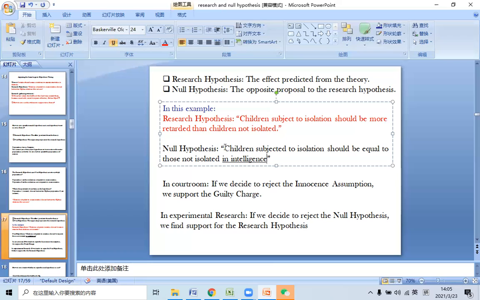You are trying to reject the null hypothesis. You are trying to show that the null hypothesis is not good. The null hypothesis is very much like the innocent assumption. You are trying to overthrow the innocent assumption, and then you get support for the guilty assumption.